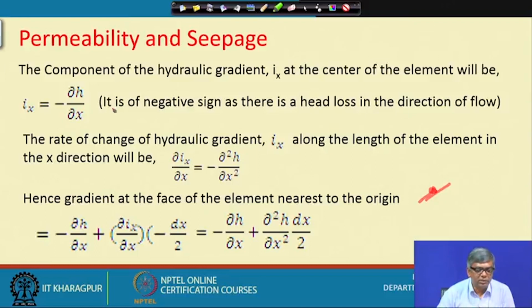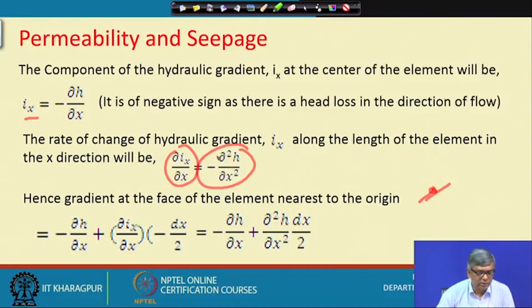The rate of change of hydraulic gradient, that is del Ix by del x, is how it is changing; I have mentioned that head loss will be there continuously. So, for the rate of change, you can once again differentiate this Ix, and then I will get this expression.